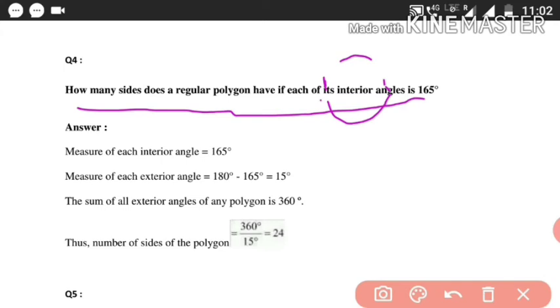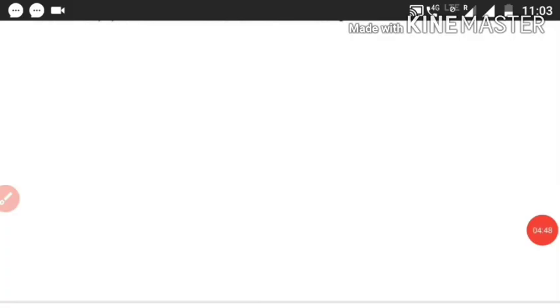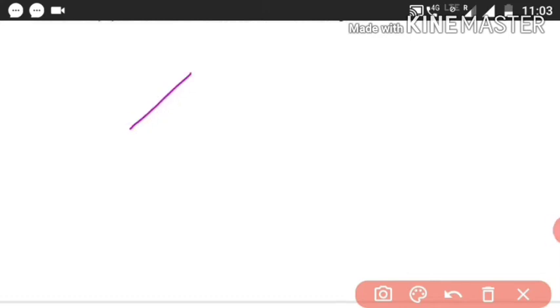So let me give you one example. Suppose I draw one figure, one polygon. Suppose this is the polygon.